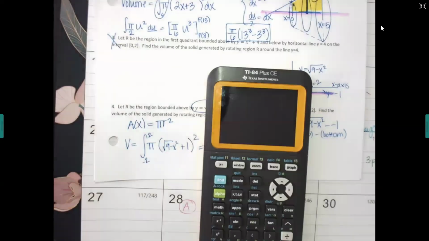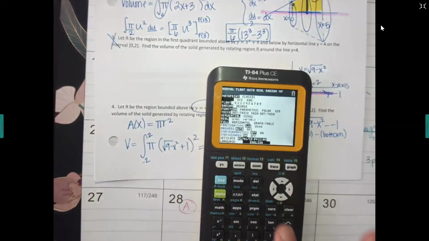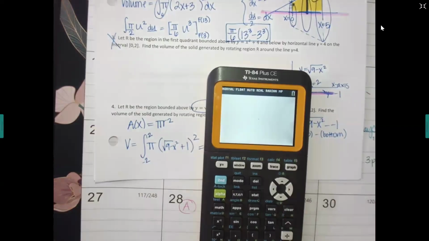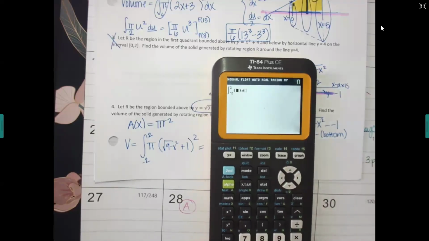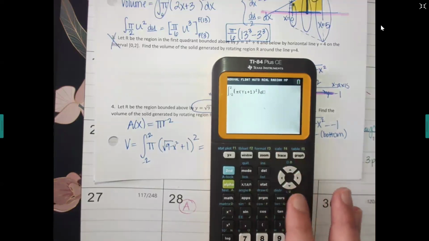All right, so first thing I want you to do is get into your normal home screen. You're going to hit Math 9, -2 to 2. Okay, you're going to type the pi first, and then you need to open your own parentheses. I'm going to use my y1 plus 1, and then squared.